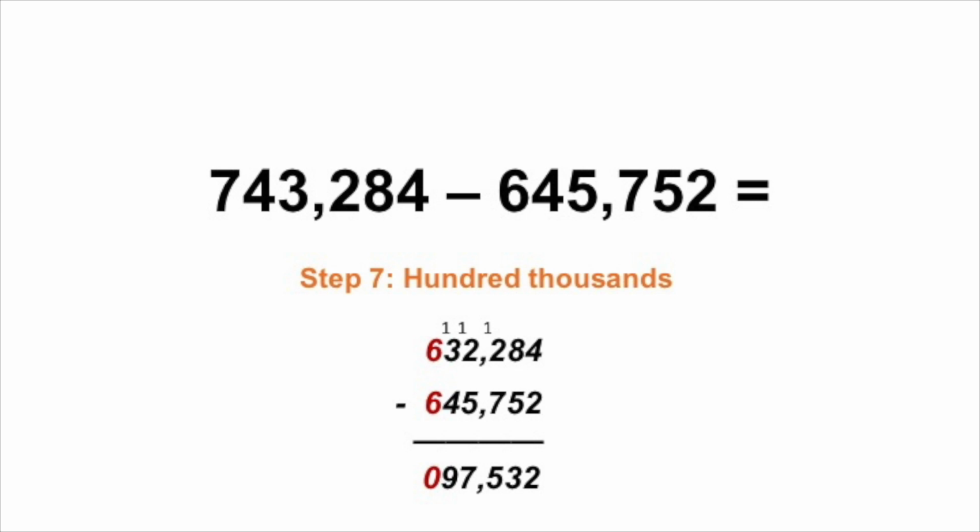What's our answer, guys? 97,532. Excellent. Notice how the 0 is at the beginning of our calculation. If the 0 is at the beginning, we don't have to mention it. We can ignore it. 97,532.